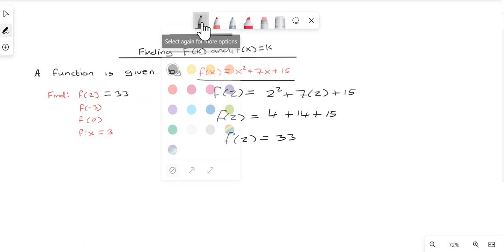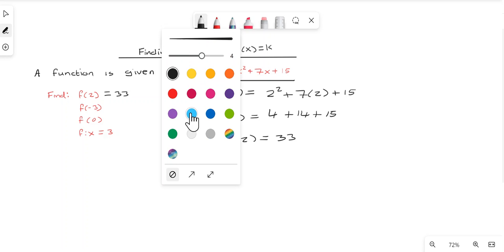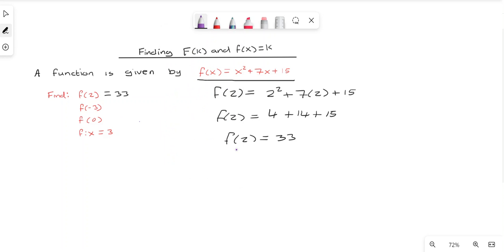The next one then is, what's the value of function minus 3? So function minus 3 is going to be equal to, we just substitute the value into this function here. So it's going to be x squared, which in this case is minus 3 squared, plus 7 times minus 3, plus 15. So minus 3 squared, that's minus 3 by minus 3, that gives me 9.